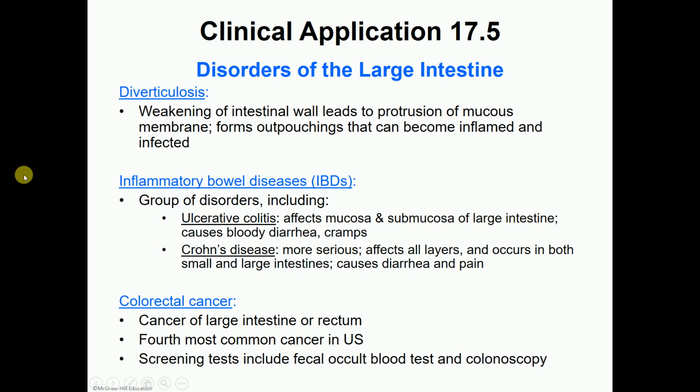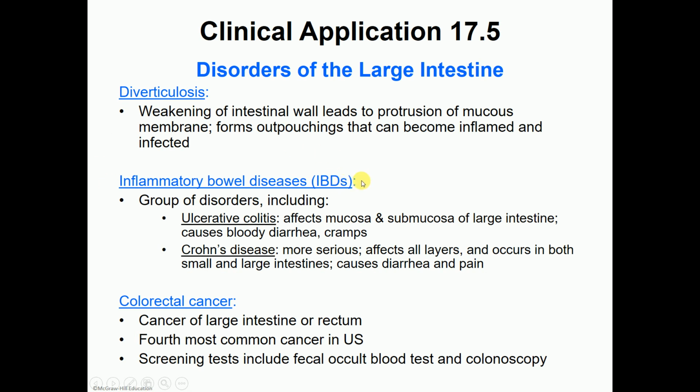So diverticulosis is the weakening with the pouching happening. If it gets inflamed or infected, it is now known as diverticulitis. It can be easily diagnosed with a colonoscopy. The danger is that these could rupture, leading to the passage of the chyme into the peritoneal cavity.